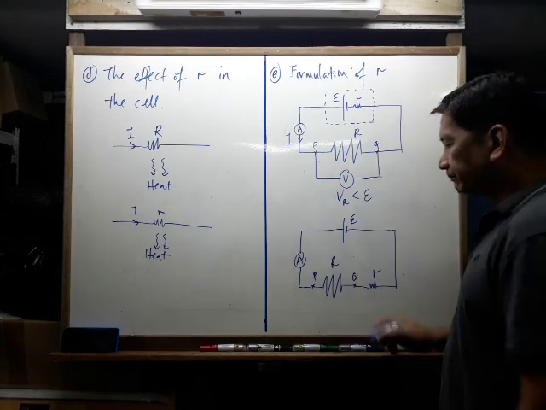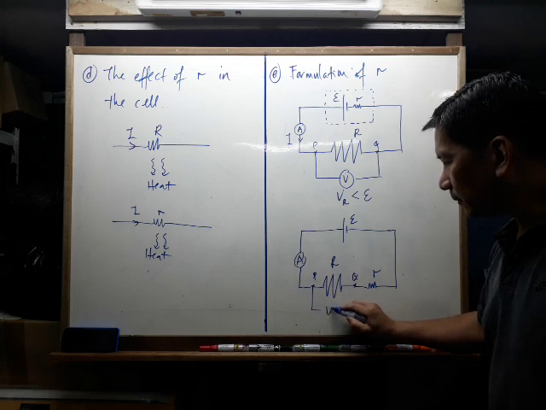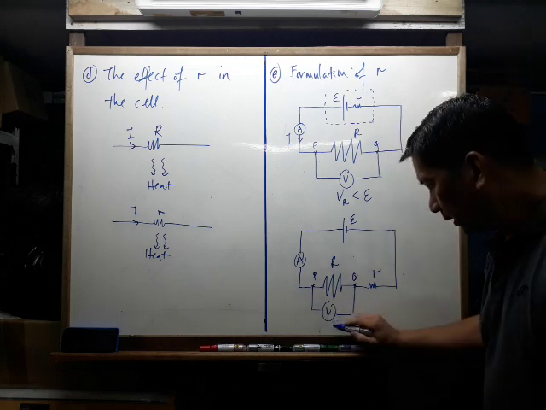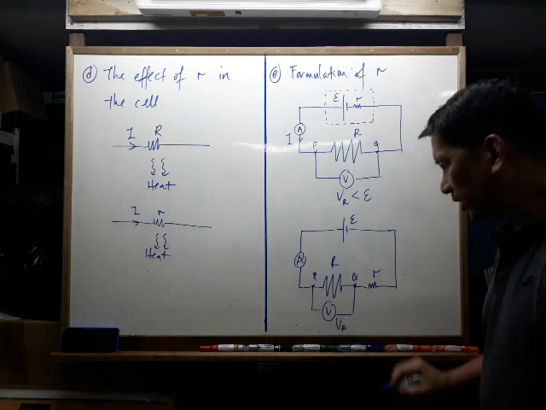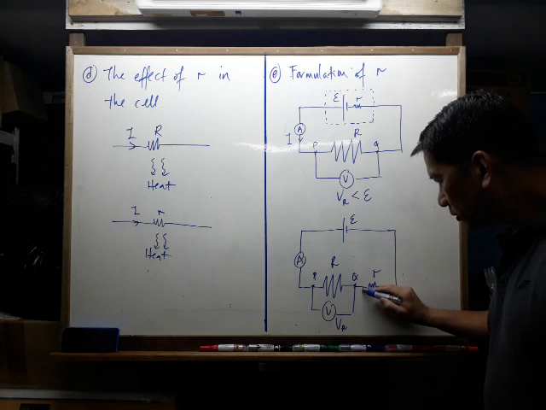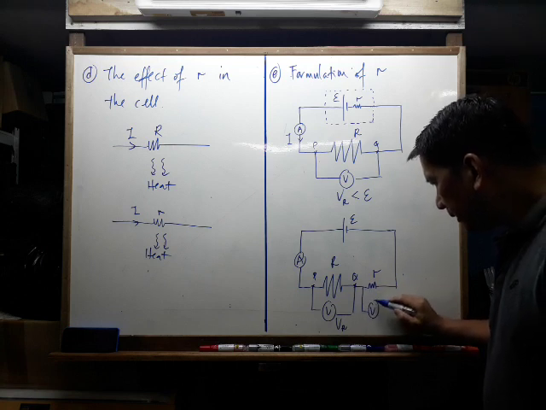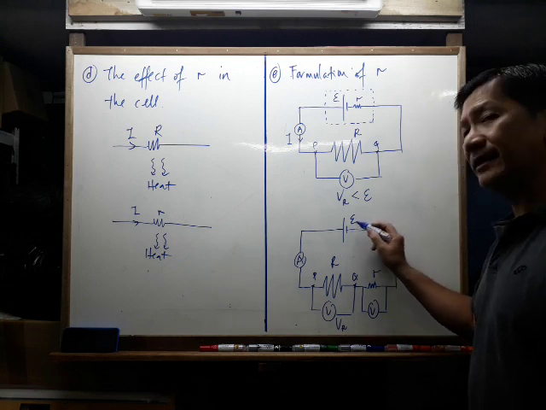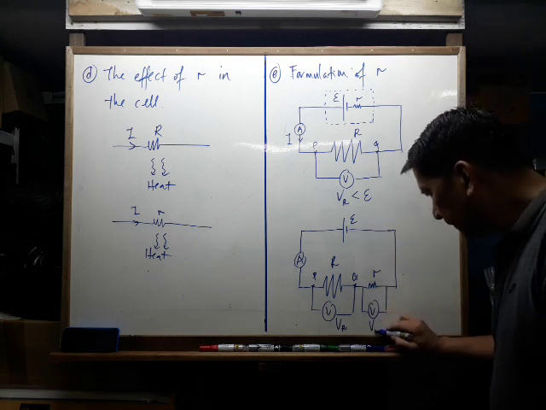Alright? So now imagine that we have two voltmeters. One is to measure the voltage across the external resistor, big R. Another one is to measure the voltage across the small r, which we assume we can take out. Okay, so this is VR.